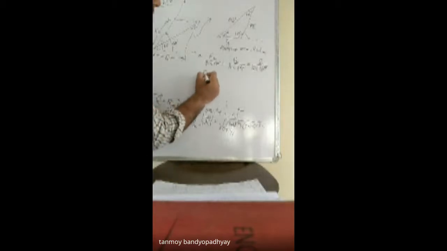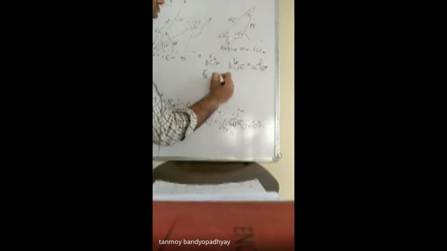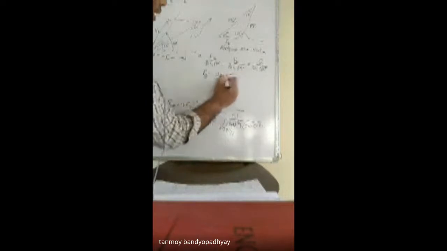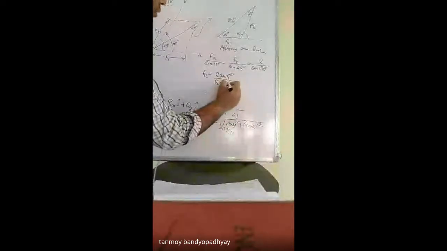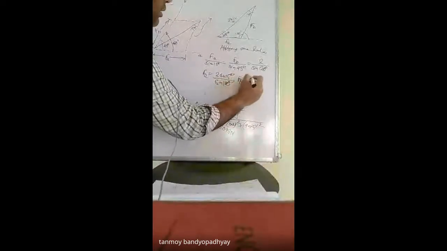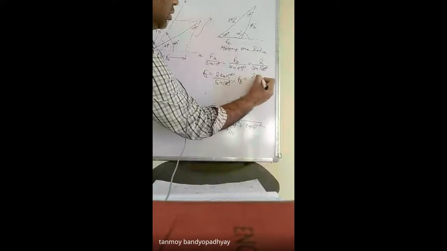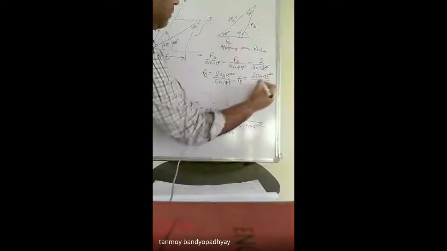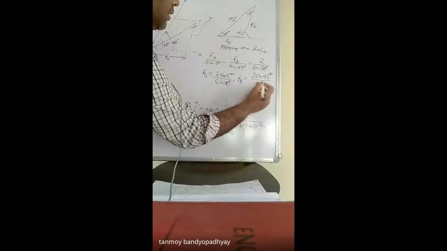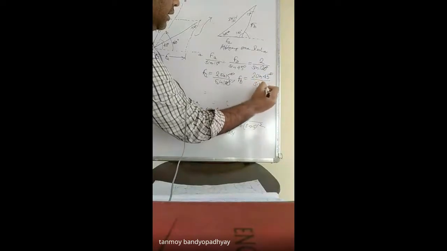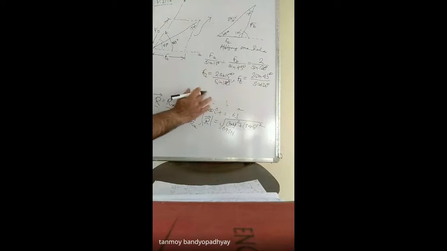If I simplify this, FA will be equal to 2 sine 15 divided by sine 120 degree, and FB will be equal to 2 sine 45 divided by sine 120 degree. You calculate these two and see what FA and FB come to.